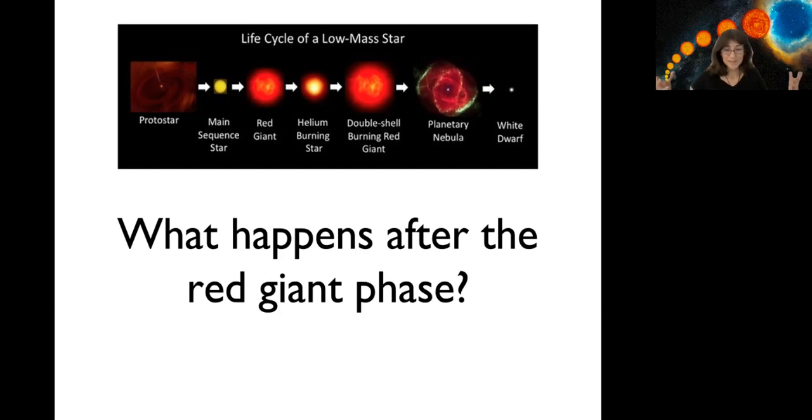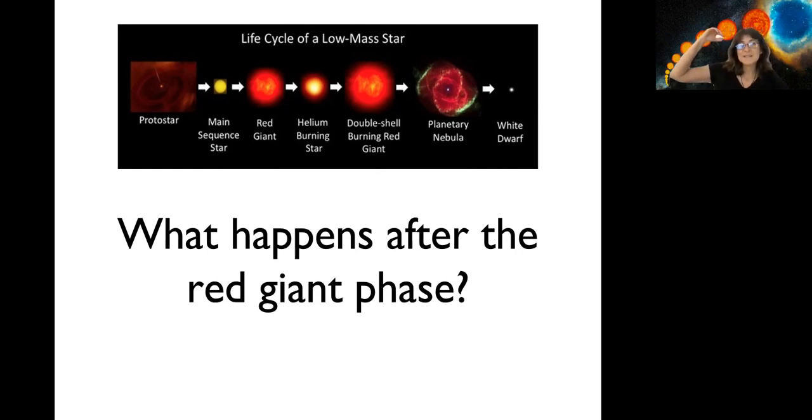So what happens is that shell that is fusing hydrogen very fast and very hot produces a lot of gas pressure that pushes the envelope of the star, you know, the outer layers, it pushes them dramatically until the star becomes a red giant like the ones I have behind me.